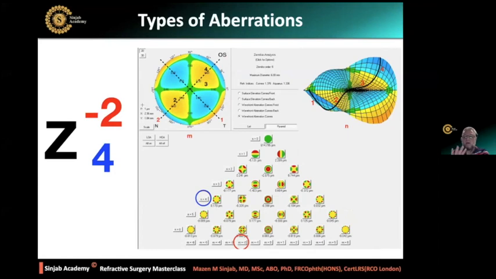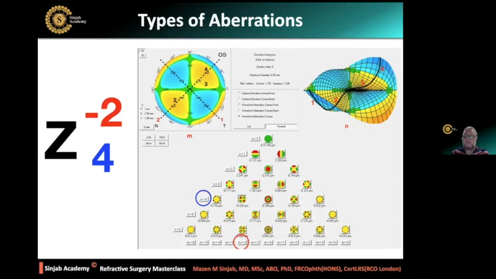So there are 4 distortions along the affected meridian. And how many meridians? There are 2 meridians. So as you see, Z4 -2, minus means vertical. 4 means 4 distortions, so it is from the order 4.